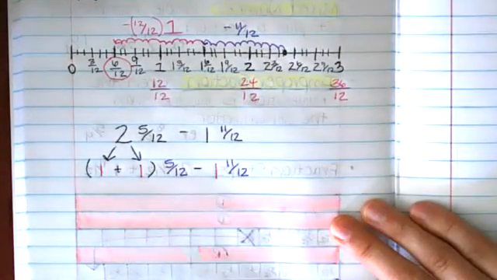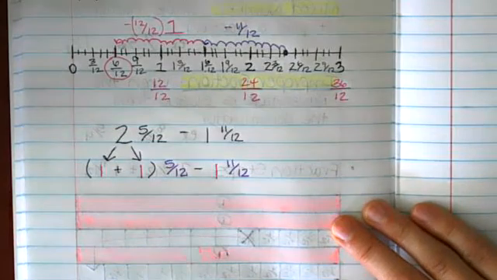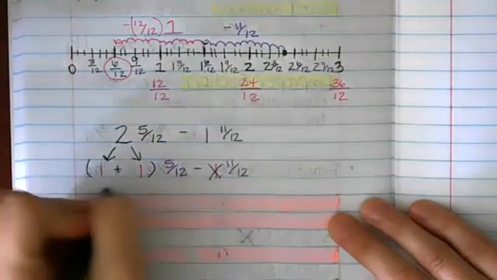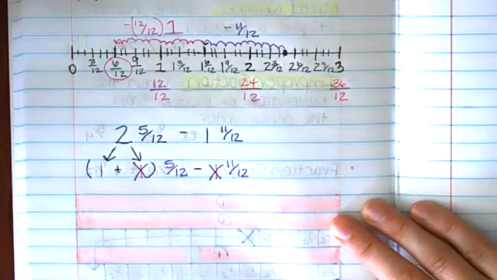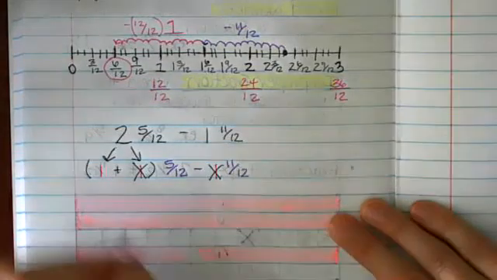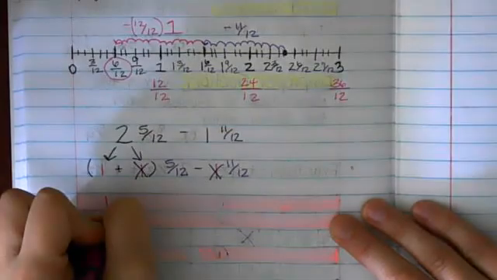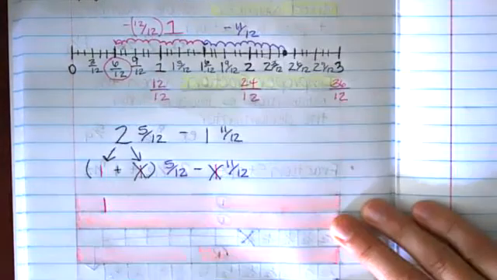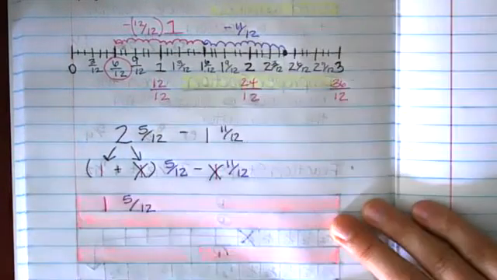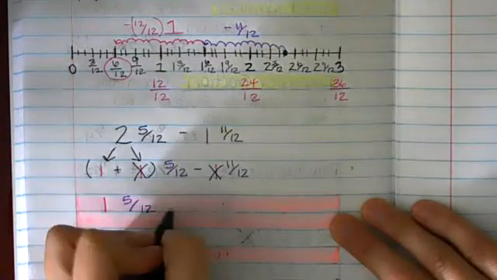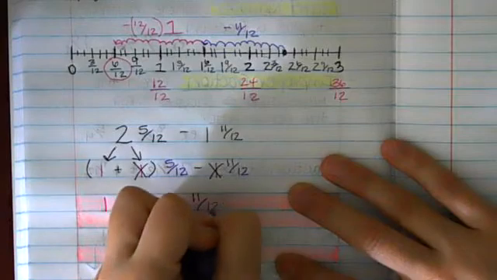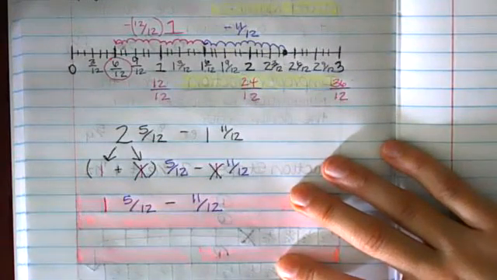To do this, I would cross out 1 whole. I'm taking 1 whole away from here. So what I have left is 1 and 5/12, minus what I have left over here, which is 11/12. How am I going to do that?